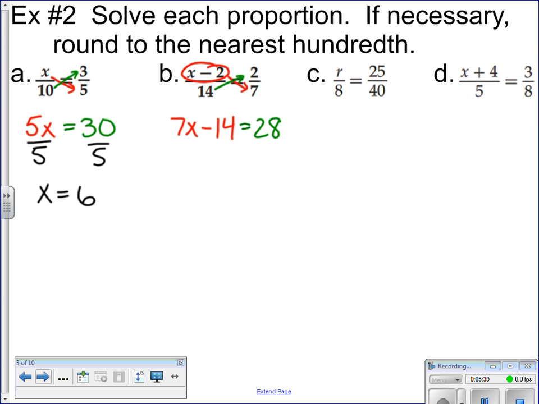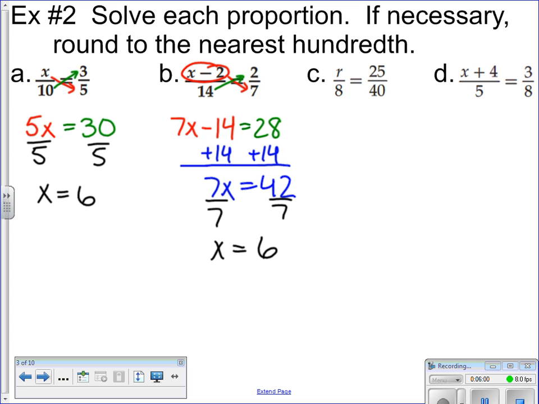Okay, let's see how you did. So you need to add 14. So 7x equals 28 plus 14, which is 42. And then you need to get rid of that 7, so we divide by 7, and x equals 6.